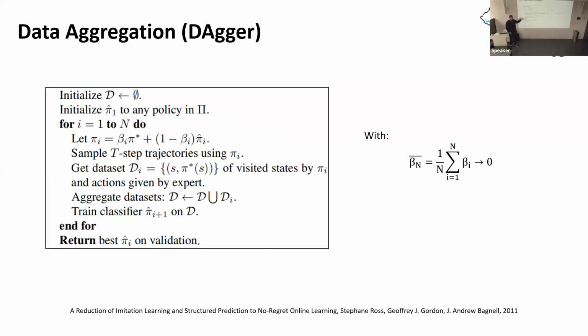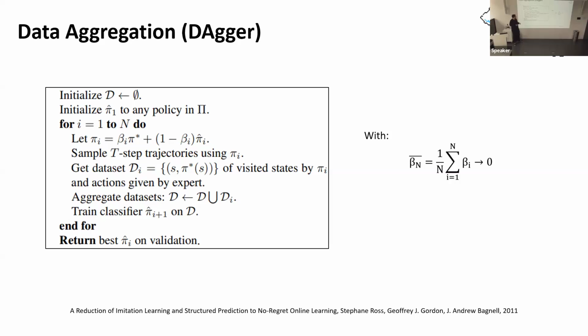Now let me introduce you to the first algorithm that combines the supervised learning approach with this interactive imitation learning approach. This looks a little bit abstract, it's just code, but let me go through it. Let's assume we train our agent by running laps.